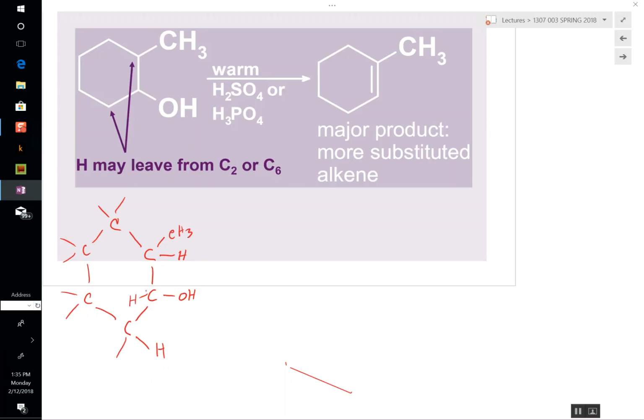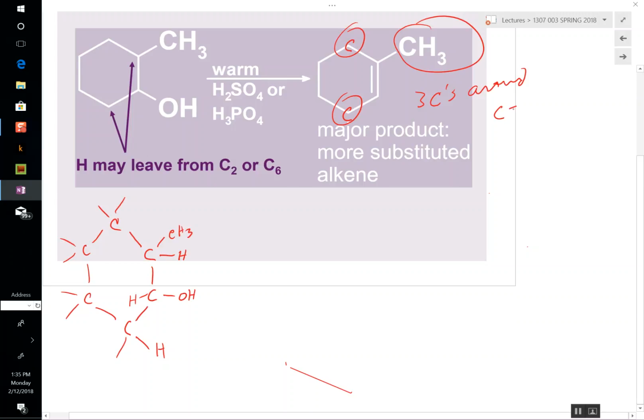Why? You can see with the double bond here, let's look up at that top one. You've got a carbon here, you've got a carbon here, and you've got a carbon here. So there are 3 carbons around the carbon-carbon double bond.